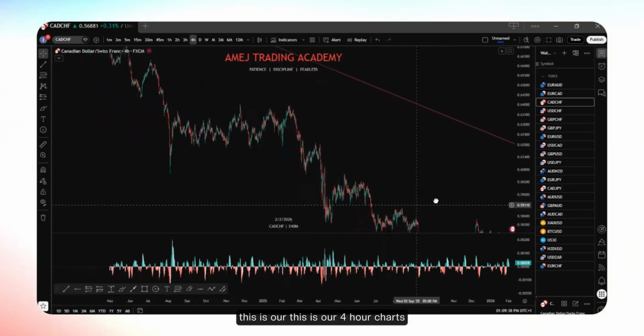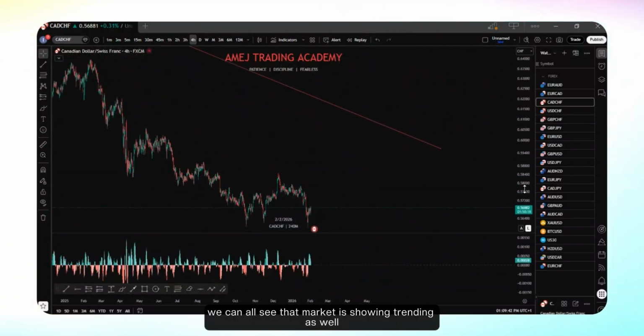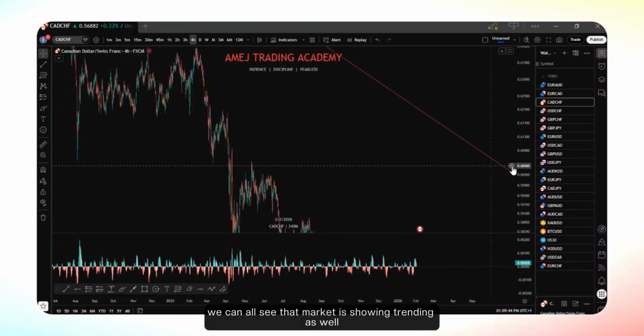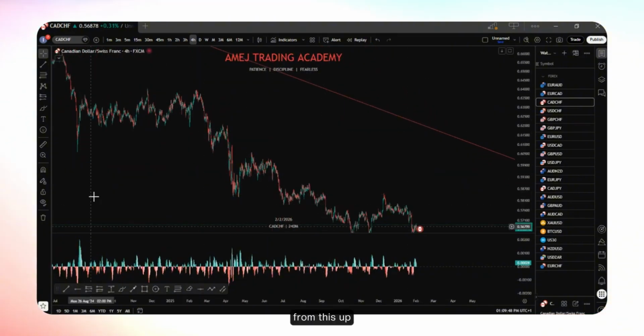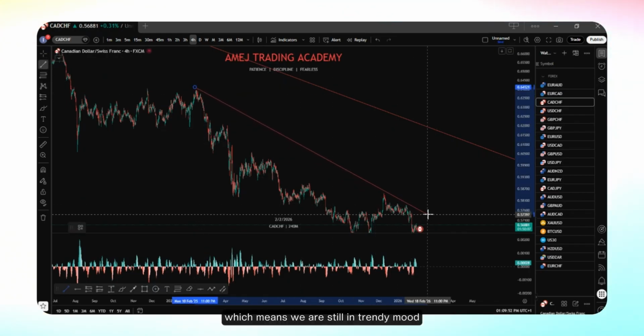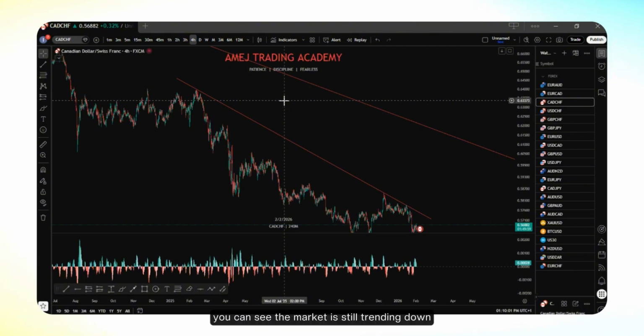This is our 4-hour chart. We can all see that market is showing trending as well from this up, which means we are still in trending mode. You can see the market is still trending down.